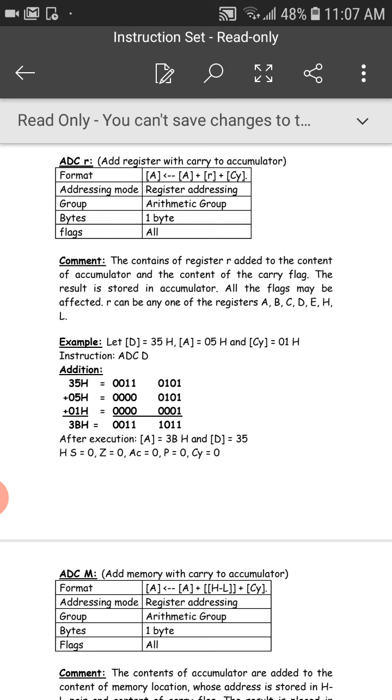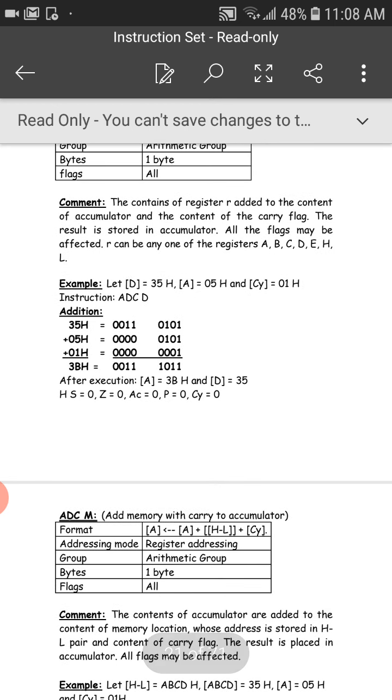The contents of the register are added to the content of the accumulator and the content of the carry flag, and the result is stored in the accumulator. So all the flags may be affected. R can be one of the registers A, B, C, D, E, H, or L.